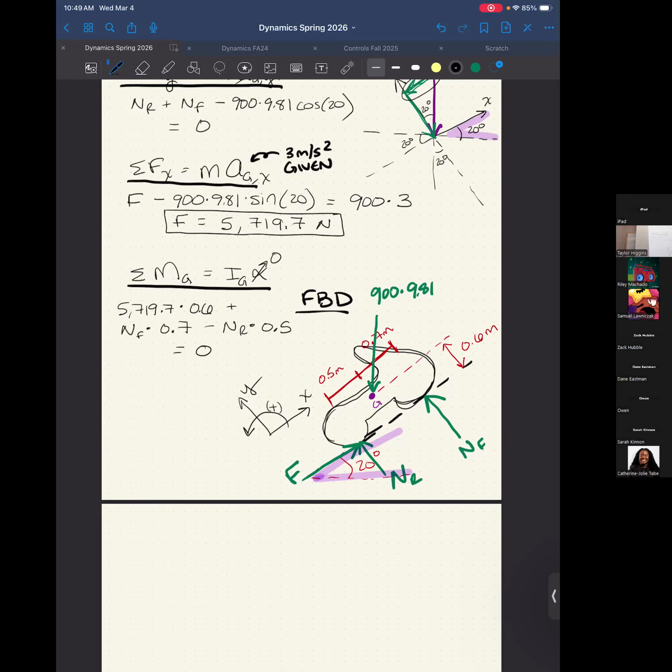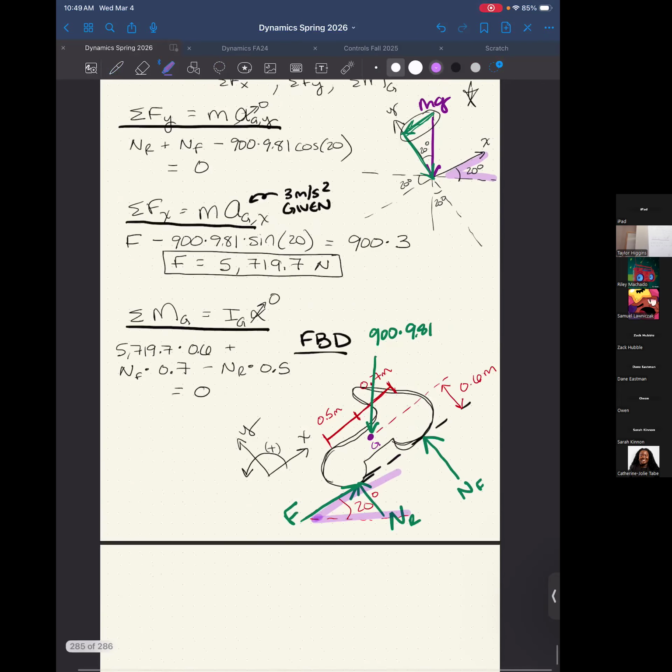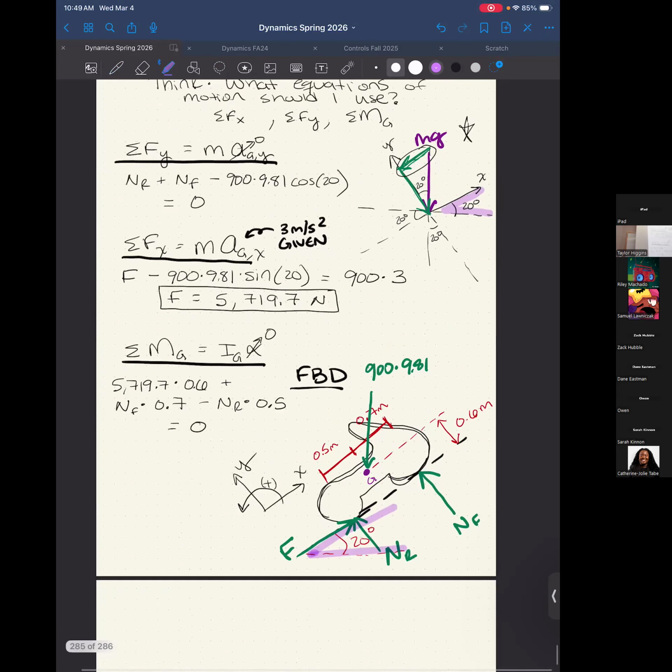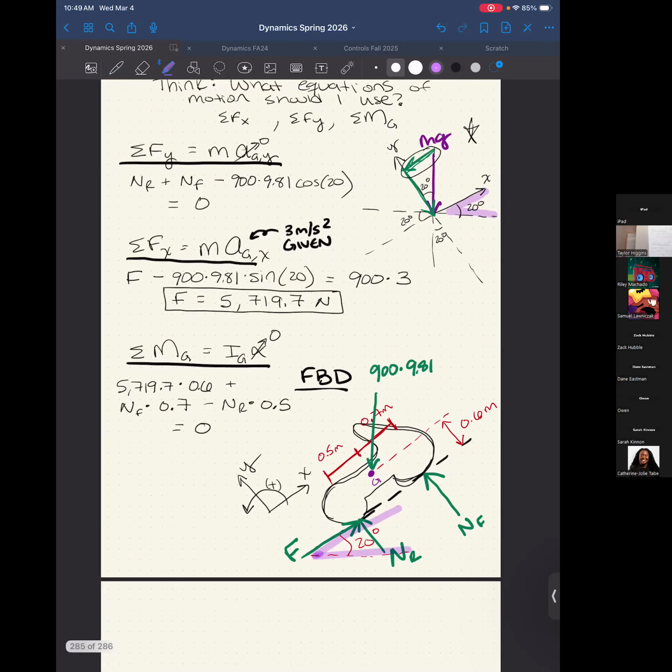Now is the beautiful thing where I have two equations with two unknowns. One equation is here. Unknowns are N_R and N_F. One equation is here. Unknowns are N_R and N_F.